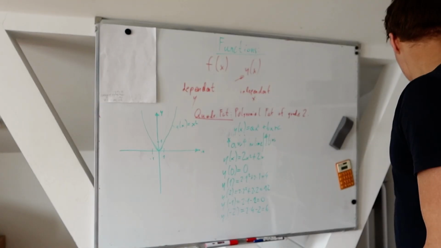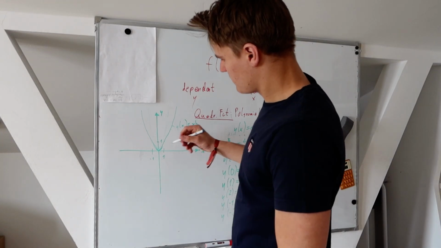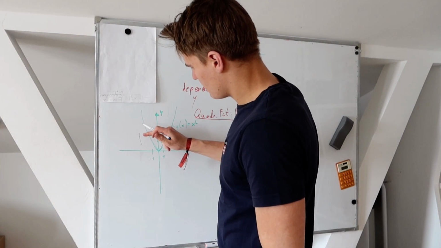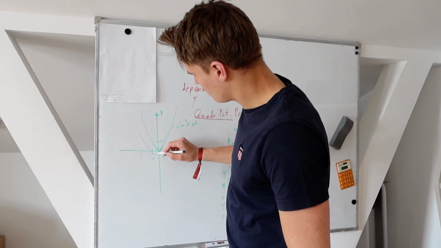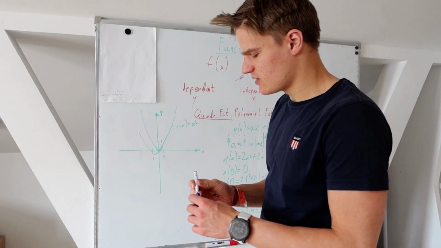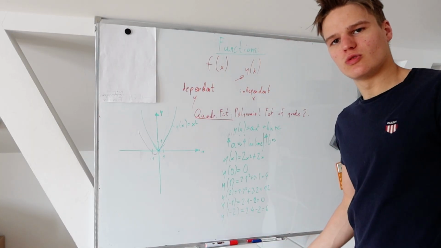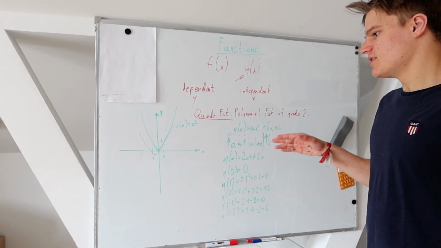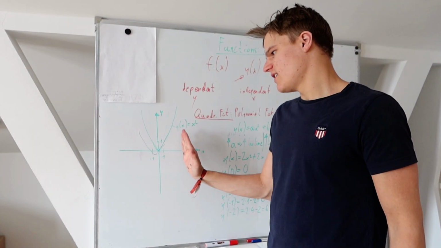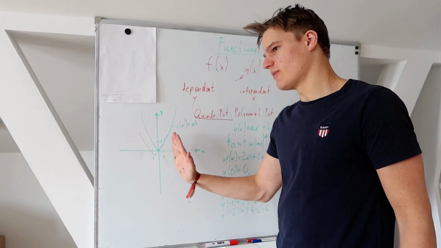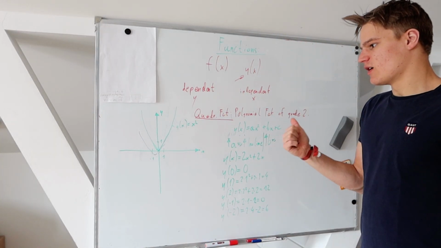So guys, that was the graph of the function, and it looks something like this, right? It was down here, went through 1, and then went through 0 again. So what does that tell us? Well, in school you will learn that b is the amount that you shift this parabola to the left or to the right, and the value c is how far up or down it is.